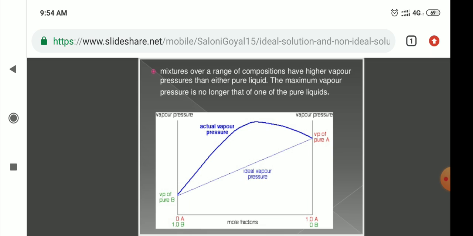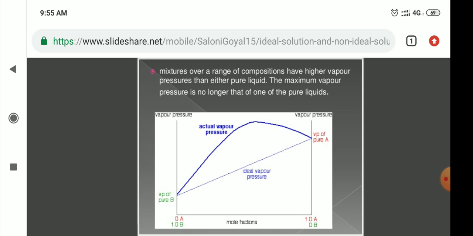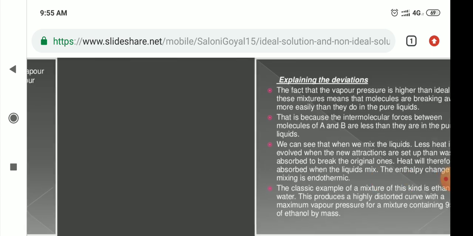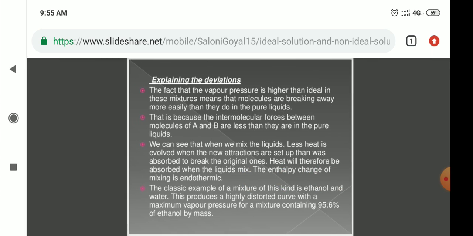Diagrammatically, vapor pressure versus mole fraction: the vapor pressure of component A and of component B, where the actual vapor pressure is higher than the ideal vapor pressure. Next point is explaining the deviation. First, the fact that the vapor pressure is higher than ideal in this mixture means that molecules are breaking away more easily than they do in the pure liquid.